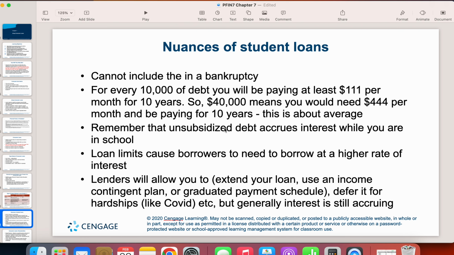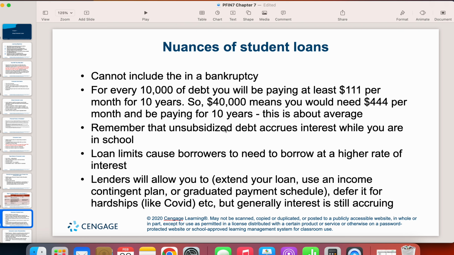And actually, I think I calculated those off of the average between the high and the low, so between the direct subsidized and maybe the parent PLUS unsubsidized. Remember that unsubsidized debt accrues interest while you're in school. Loan limits cause borrowers to need to borrow at a higher rate of interest.